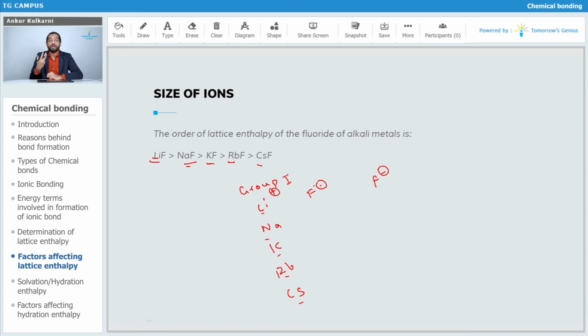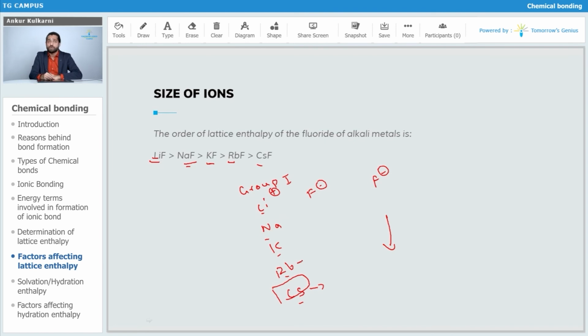Now we have to look at the size of the cation. If you look over here, cesium has the highest size. Why do we say that? Because as you go down in the periodic table, the size of the atom increases, correct? So cesium, being the bottommost in group 1, has the largest size.